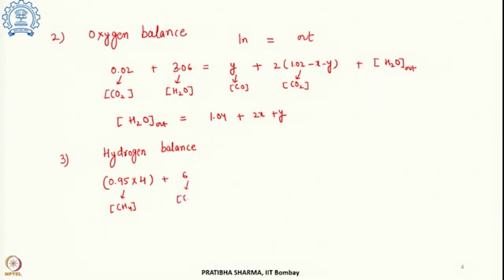From ethane the mole fraction is 0.03 and there are 6 atoms in ethane.